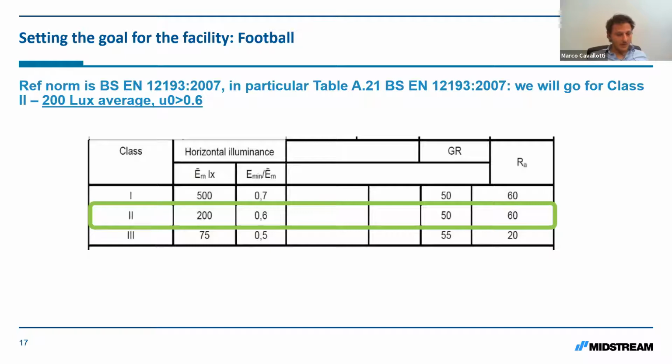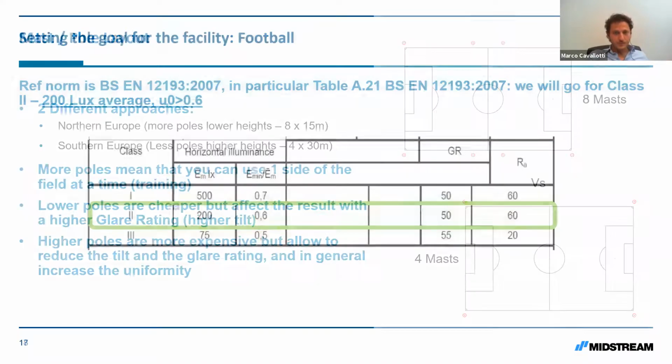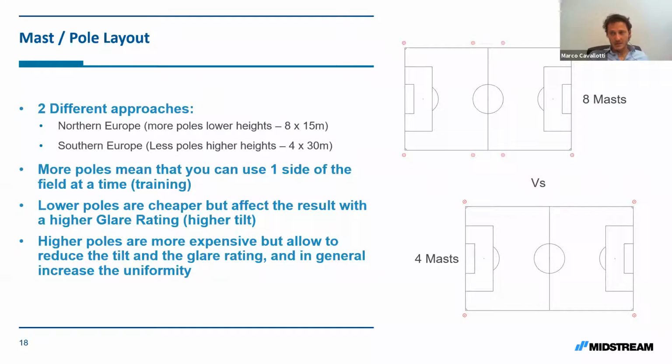As we have done for the tennis court, I'm going to show you 2 different approaches shown in these schemes. The first one is 8 poles with a lower height, let's say 50 meter, and it's mostly used in the northern part of Europe. And the second one, which is mostly used in the southern part of Europe, is based on 4 poles, so less poles with a higher mounting height, 30 meter, let's say.